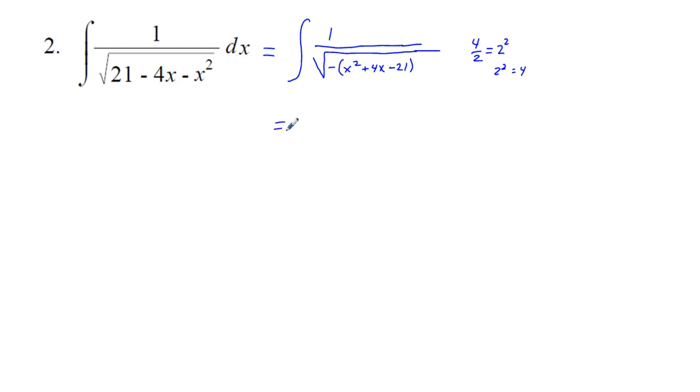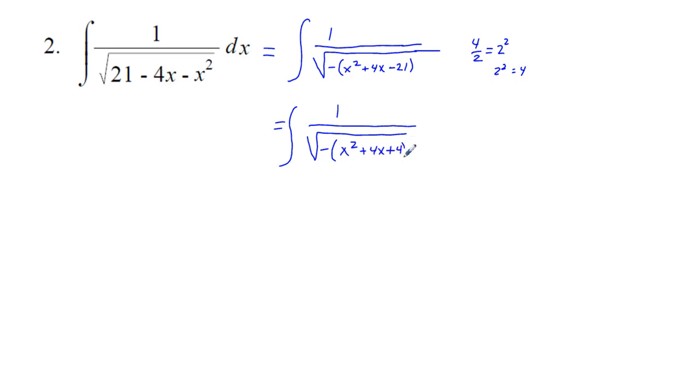Okay, I'm just going to come down: 1 over the square root of negative, we have x squared plus 4x plus 4.